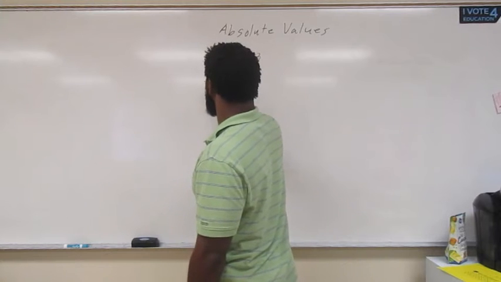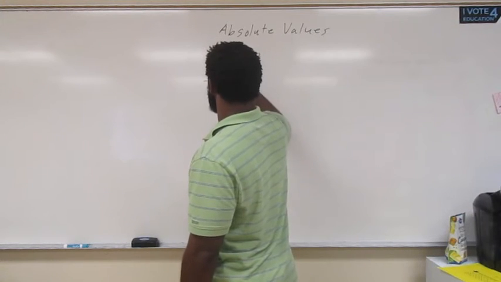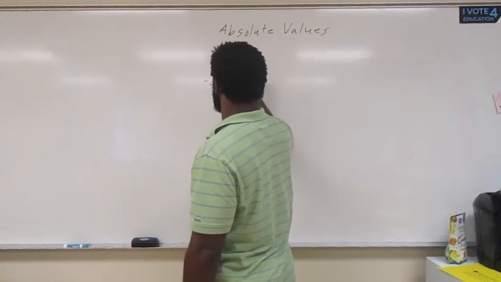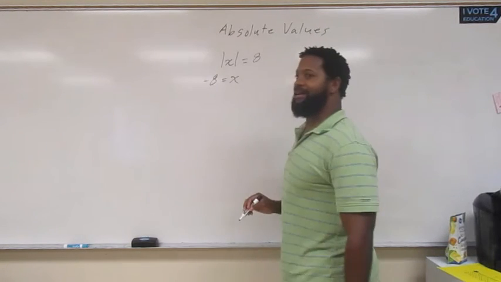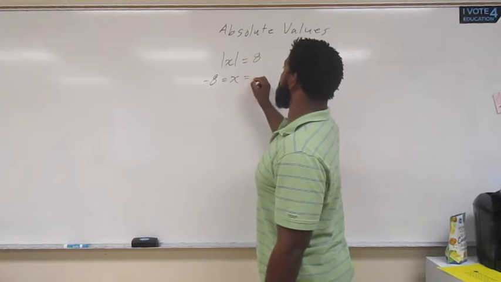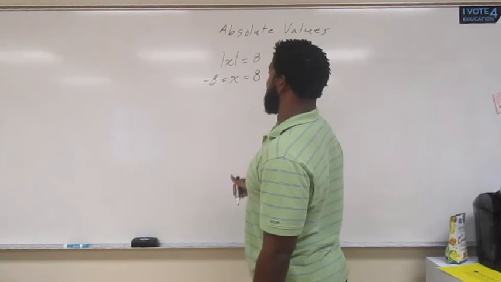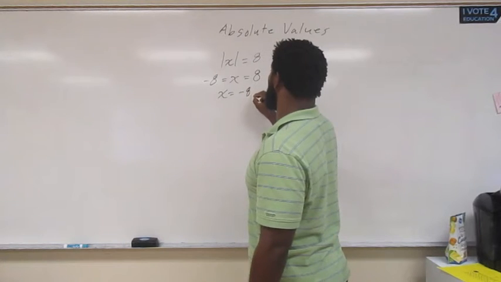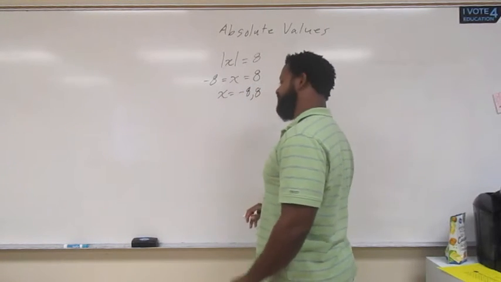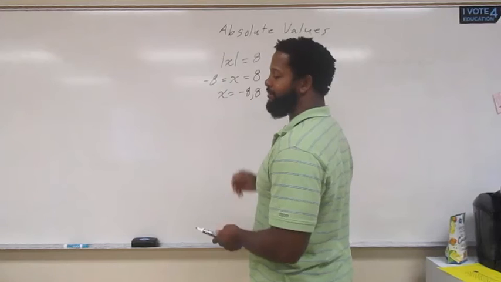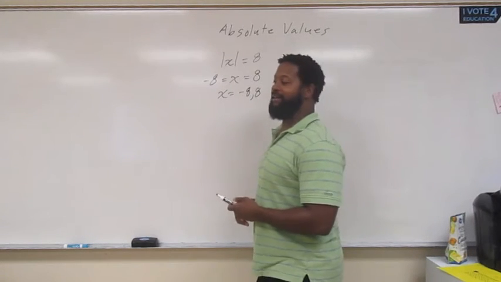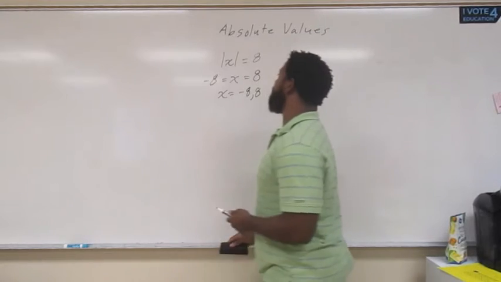So we have a negative 8 equal to, bring whatever's inside the absolute value down. So therefore it will be x, which is equal to 8. Bring this down. And so therefore your x is equal to a negative 8 and 8. Okay? Simple. That is your 1 through 4. Okay? 1 through 4.